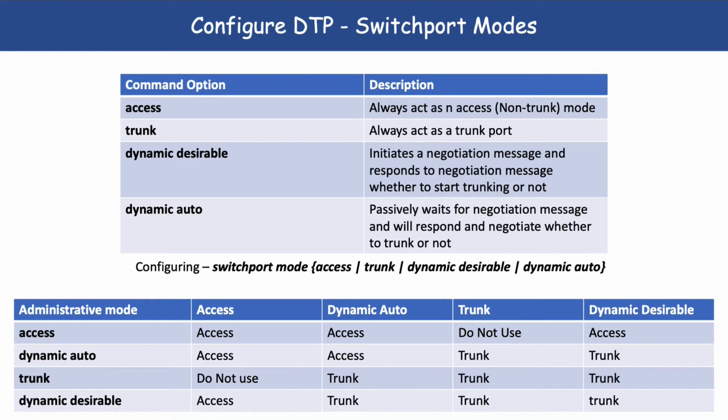Had one of the switches said that I want to negotiate trunking, then the other dynamic auto switch would have said yes, we can trunk. But right now this will not happen because both the switches are on dynamic auto.